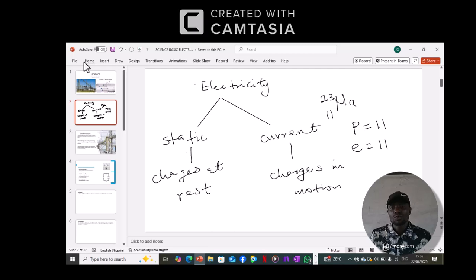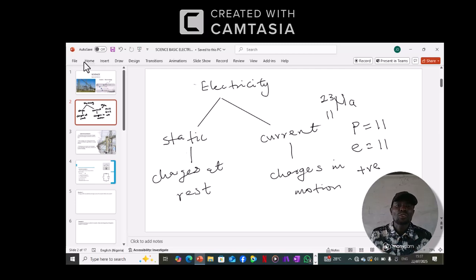So if there is a transfer of electron, or if this sodium atom loses one electron, then the body is going to be positively charged because it has more positive charge than negative. The dominant charge here will be positive. So that is how charges are produced by friction, when you rub two bodies together.